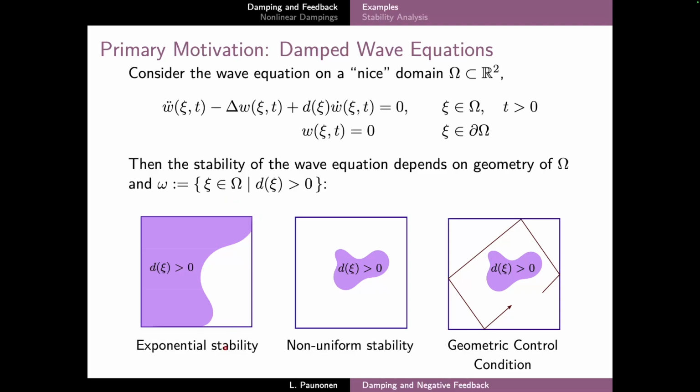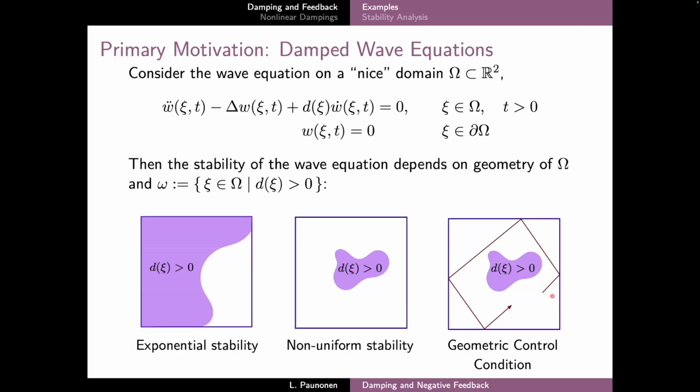And in particular, it's possible to either get exponential stability or weaker forms of stability like polynomial stability. And these two cases are distinguished by the so-called geometric control condition, which tests whether all of the rays which reflect optically within the spatial domain either meet the damping region eventually or alternatively fail to do so.